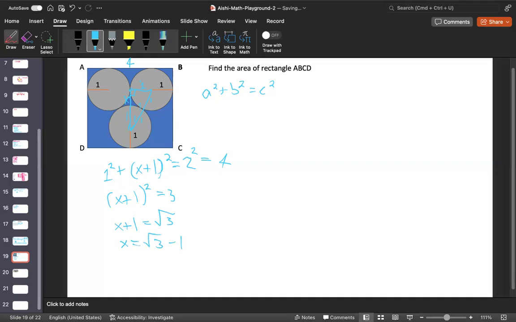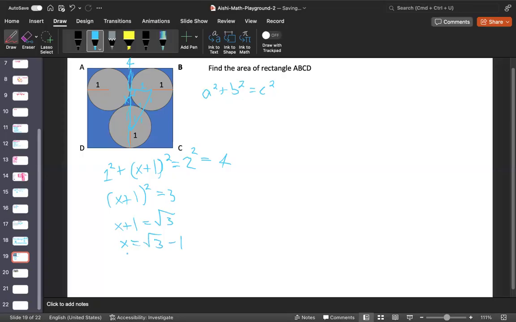Okay, now to find BC, we know that this part is 1, since this is the same as the radius of the circle. So we have this 1 plus this 1, 2, and then 3.